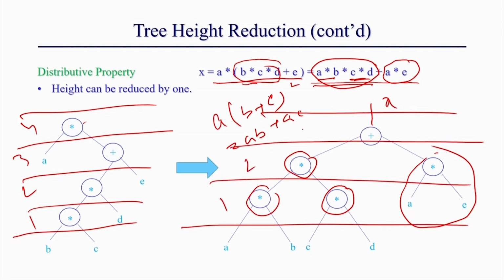So, 1, 2, 3. Again this height is reduced, but directly from that expression I am not able to reduce it; I can only reduce it by applying this distributive operation. This is one kind of technique which is called tree height reduction, and as a summary, we try to parallelize these operations and reduce the computation time.